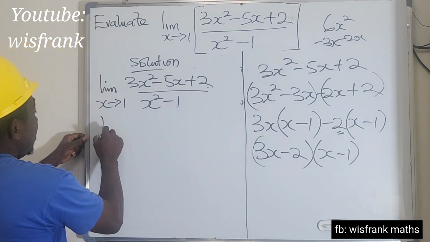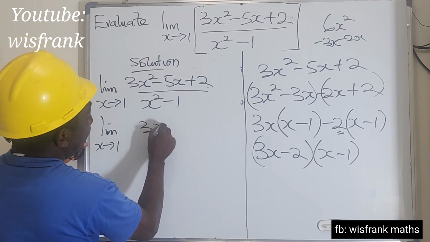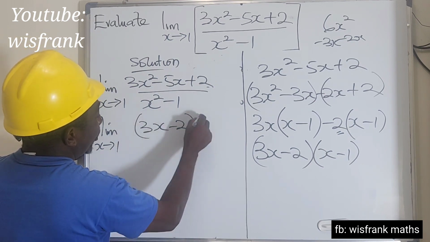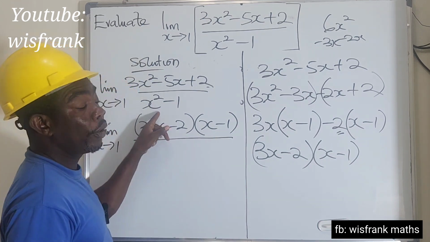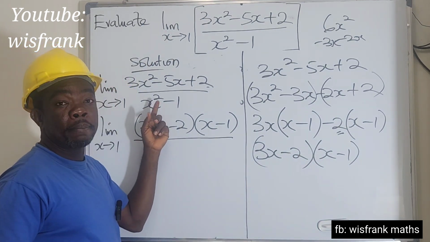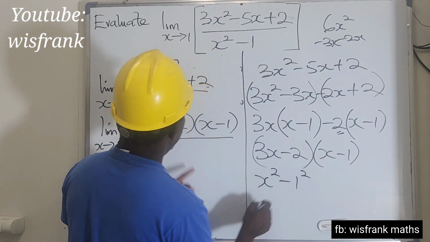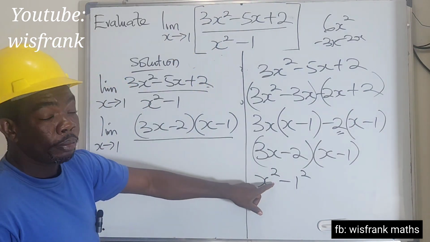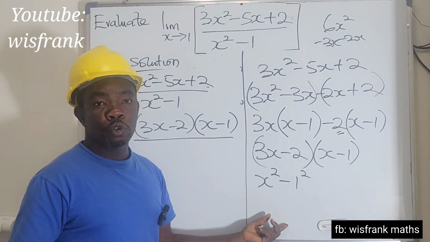Then this becomes the limit as x tends to 1 of 3x minus 2 into x minus 1, all over the denominator, x squared minus 1. We can write it as x squared minus 1 squared, which is a difference of two squares.